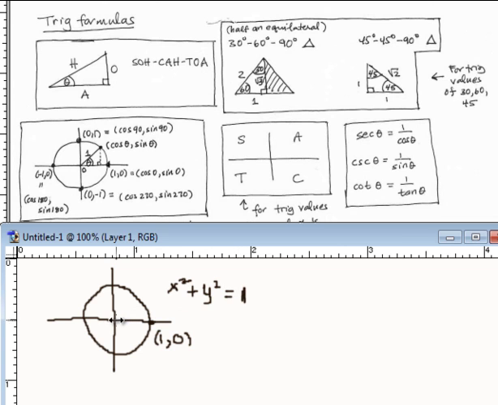Now if we look at an angle theta, we put it in standard position on the circle. The terminal side is a radius of the circle, so it has length 1. Here's my angle theta. Now let me draw a perpendicular coming down here.